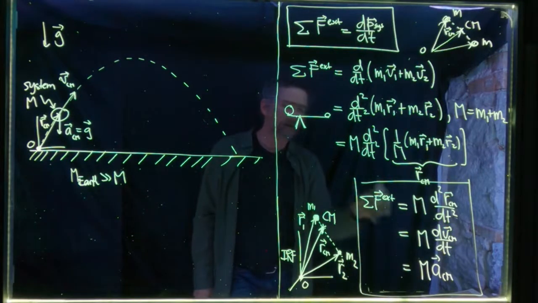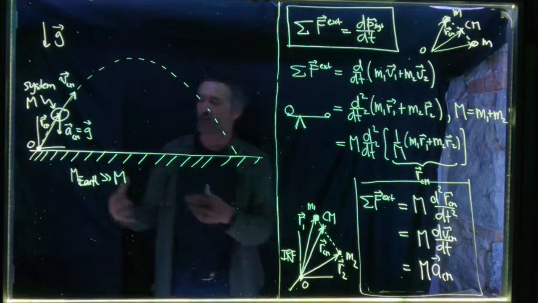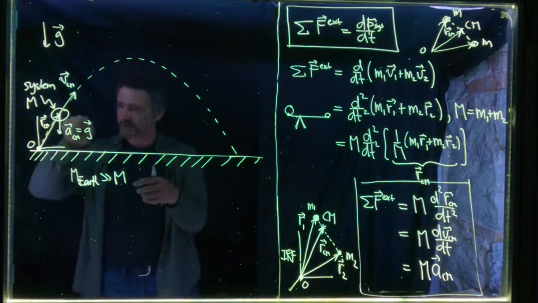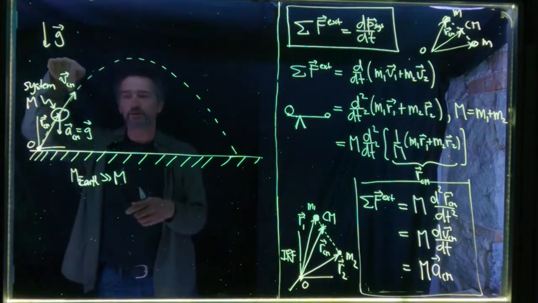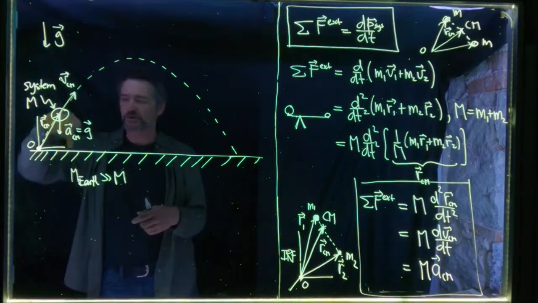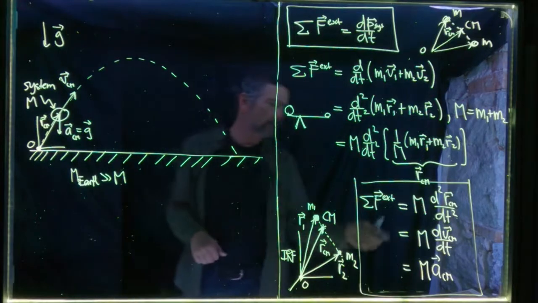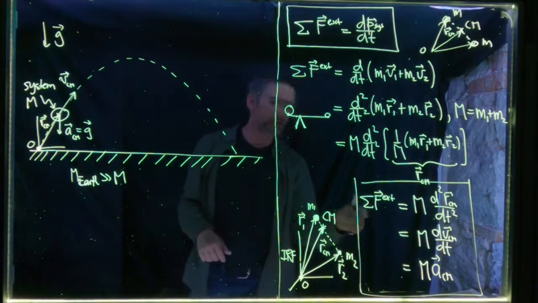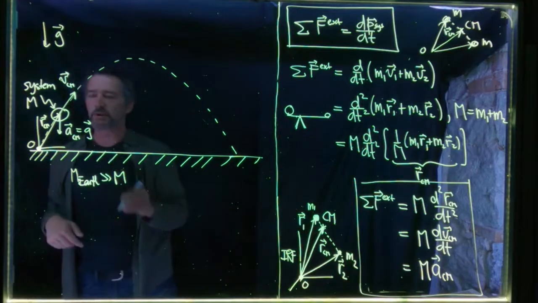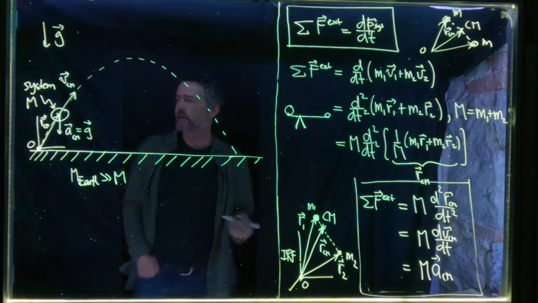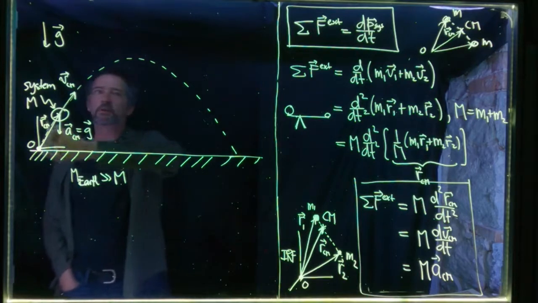Well, the net external force. The particle external to our system is the big particle called the Earth, and that's exerting an external gravitational force pulling down. If we take that gravitational force pulling down and divide by the mass of the object, we get the acceleration of our system, which is just the acceleration of gravity like that. So that's all fine and well.